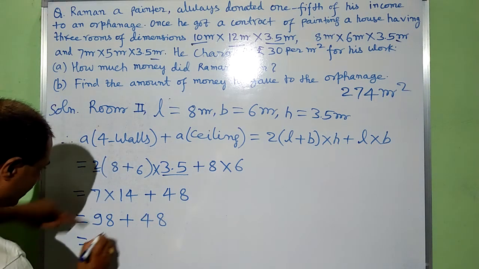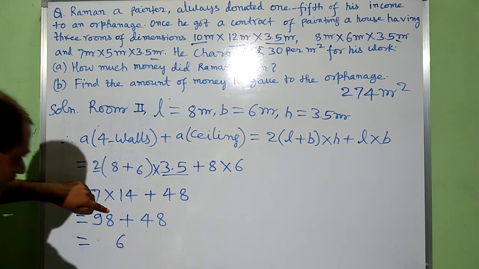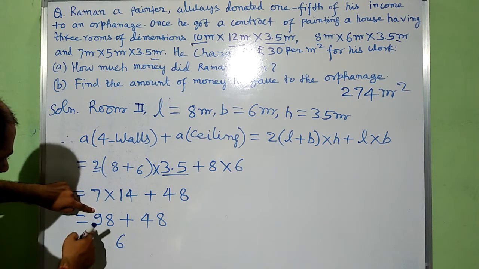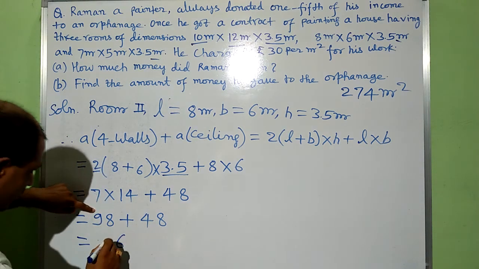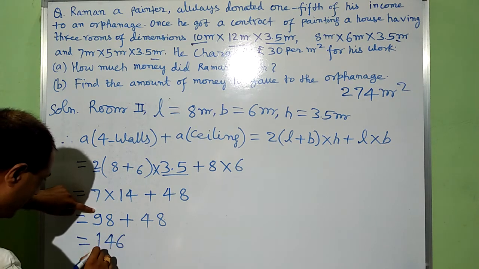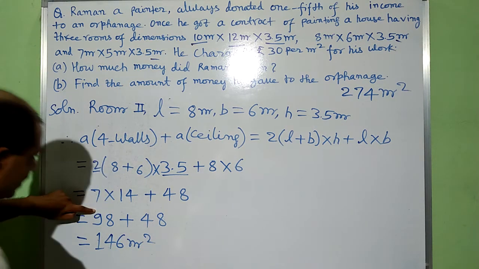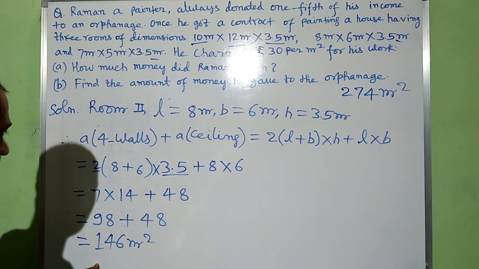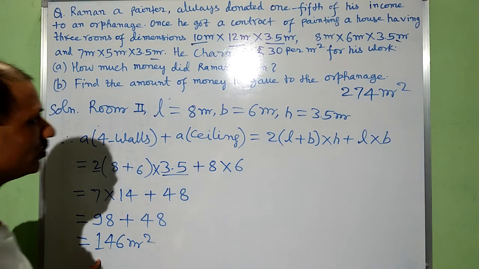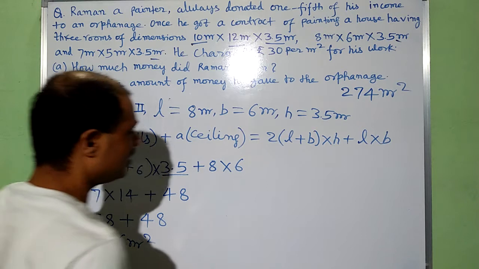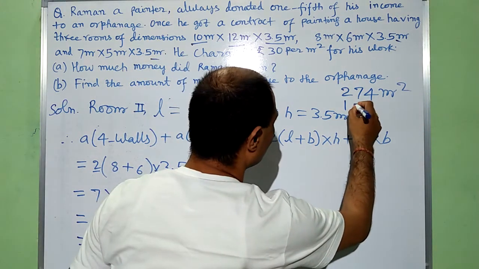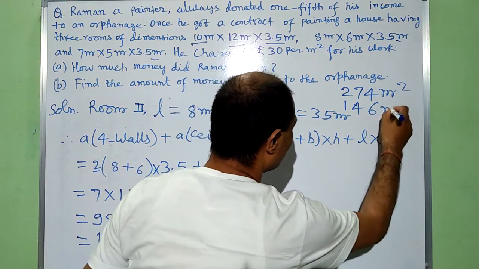It will give us 146 meter square. This is area to be painted of room 2, 146 meter square.